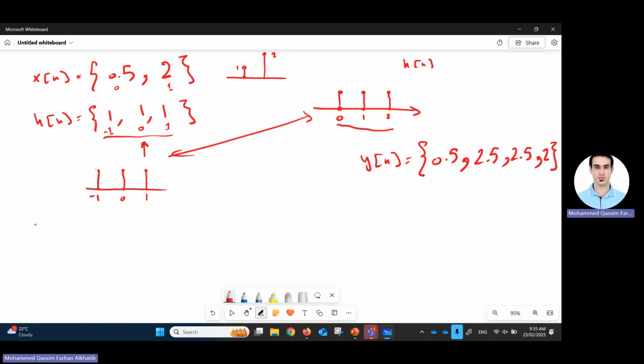Tabular method, basically, I have x of n and I have h of n. I just write them as they are. So I have 0.5 and 2, 1, 1, and 1. And here on top, it's optional, but I'll put the index. That's 0, 1, 2. So I'm going to do the tabular method.